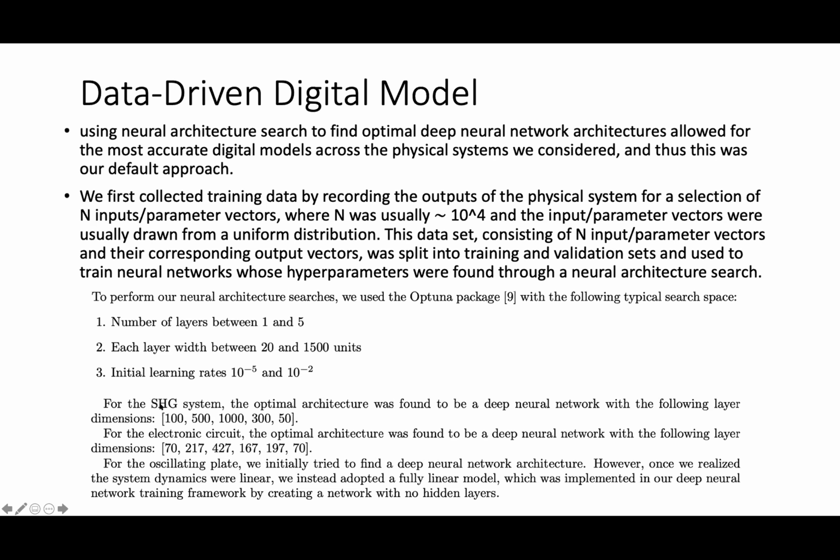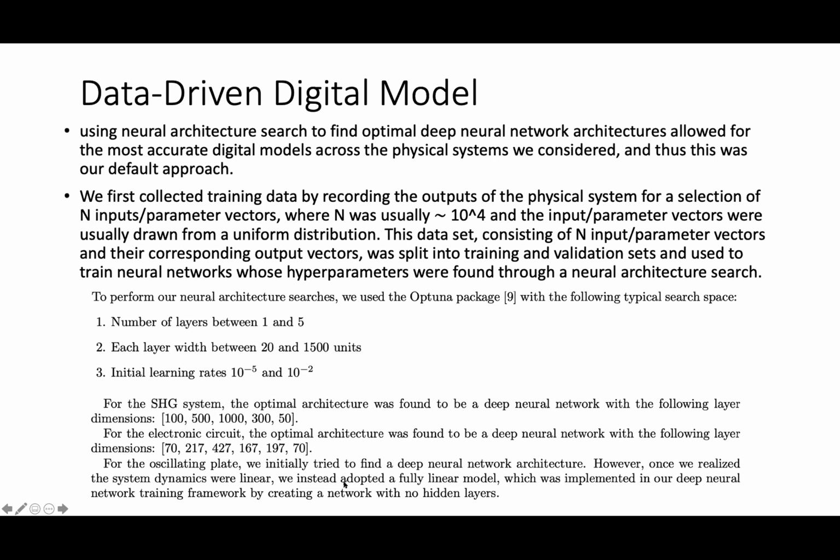So for the SHG, the optic system, the optimal architecture was found to be a deep neural network like this, and this is the electronic circuit like this. And for the oscillating plate, that is the mechanical one, they initially tried to find a deep neural network architecture, but then realized that this system is linear.